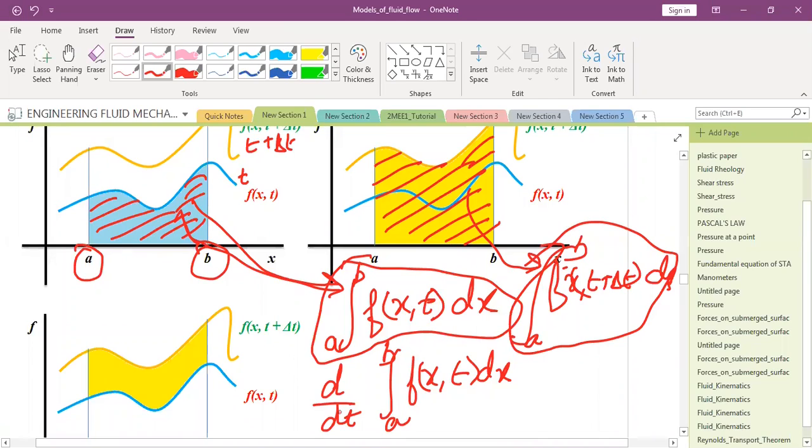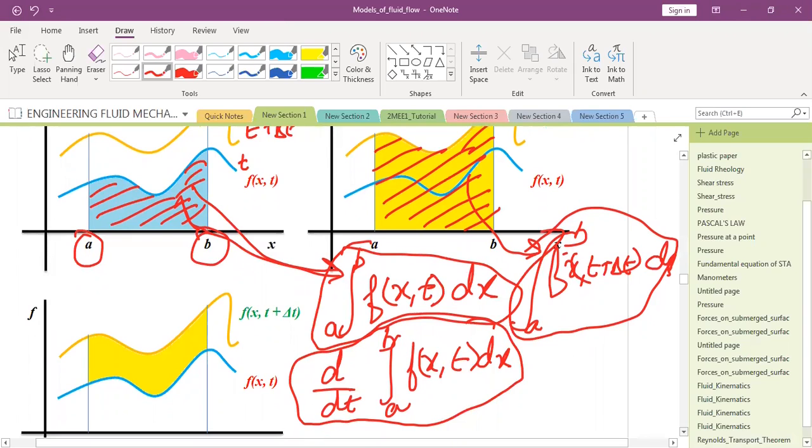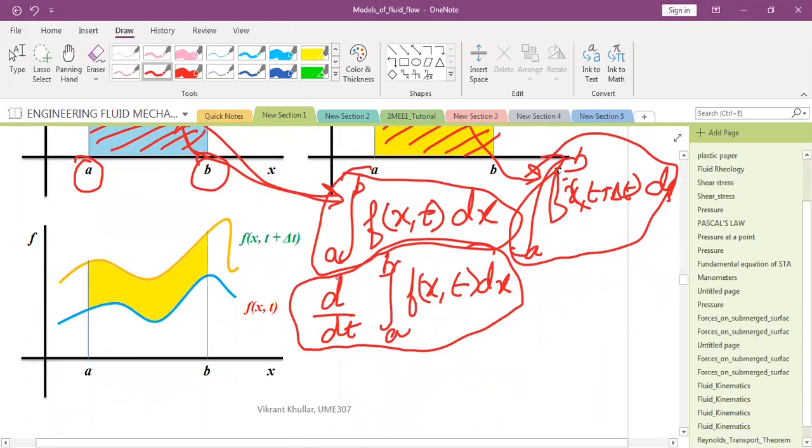Now what is d by dt of the integral from a to b of f dx? What is this? Now, can I take this differential inside the integral or not?